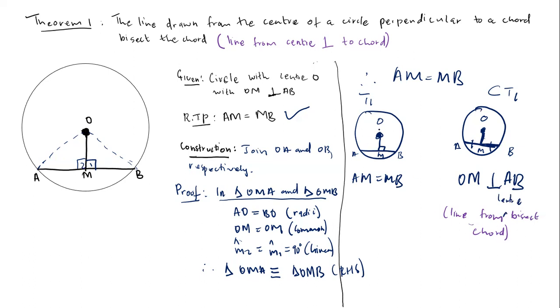But theorem number 1, if you are given that OM is perpendicular to AB, then that means AM is equal to MB. The reason that you're going to use is line from center perpendicular to chord. I hope that was making sense. Was that clear? How to use theorem number 1 and its converse, and which reason to use? Because I've realized a lot of learners confuse these two. Does it make sense, or do you need clarity?